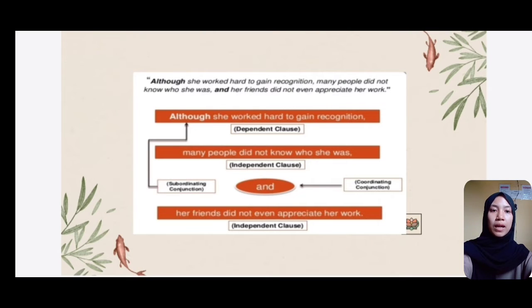She worked hard to gain recognition, dependent clause. Many people did not know who she was, independent clause, and, coordinating conjunction. Her friends did not even appreciate her work, independent clause.